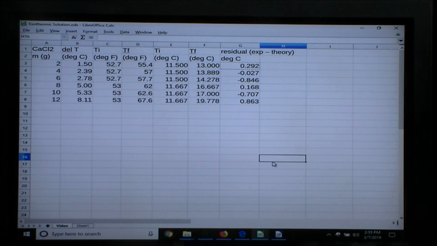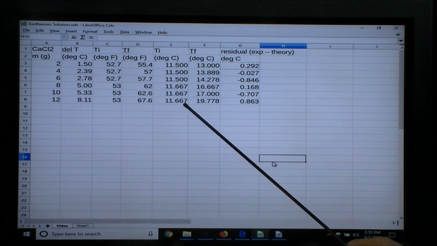And so one of the things you're thinking about with regard to the residuals, and whether or not your model fits your data well enough to say your hypothesis is supported, is: are your residuals smaller than or about the same size as your instrumental uncertainty? Our instrumental uncertainty in this case is about 1/10 of a degree Celsius.